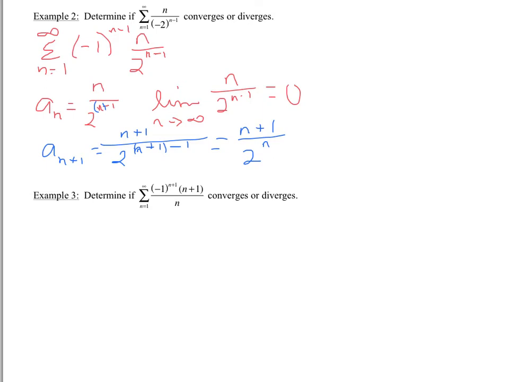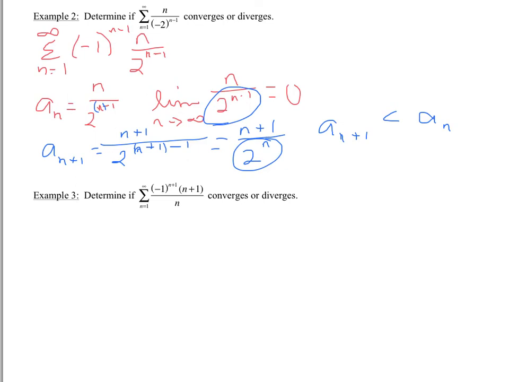The denominator is going to be way bigger, and it's definitely going to be a lot larger than 2 to the n minus 1. So the numerators are very close to each other in size. The denominator of a sub n plus 1 is going to be much larger. The denominator of a sub n plus 1 is definitely going to be bigger than the denominator of a sub n.